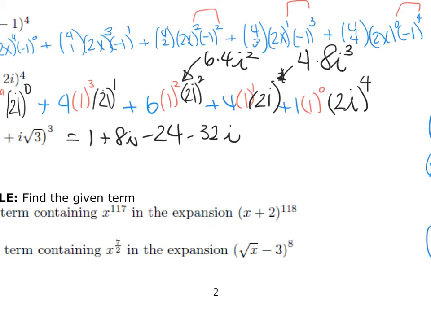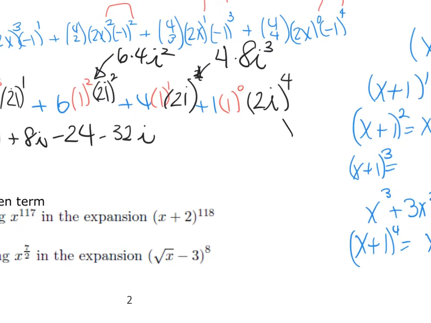My last term is going to be 1 times 1 to the 0, and then 2i to the 4th. This last term is going to be 16i to the 4th. So what is i to the 4th? 1.